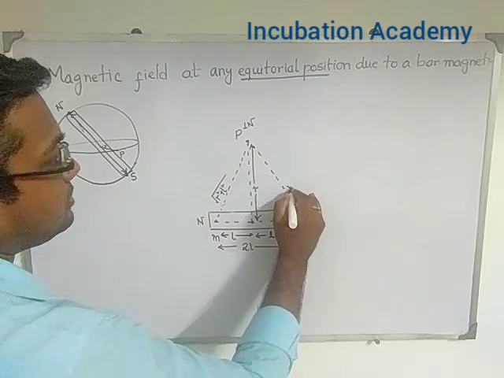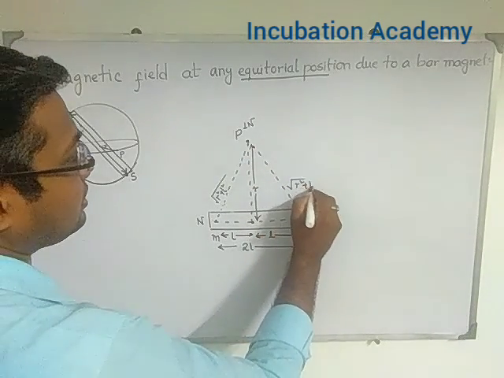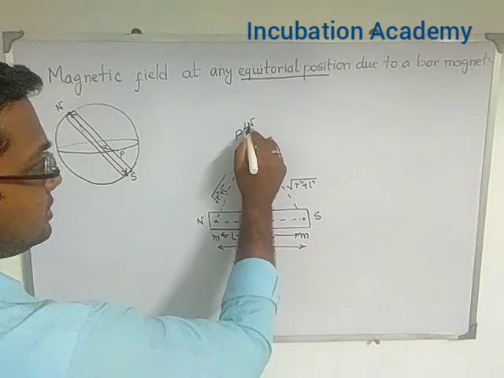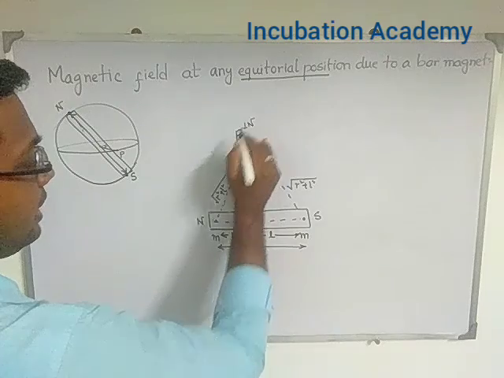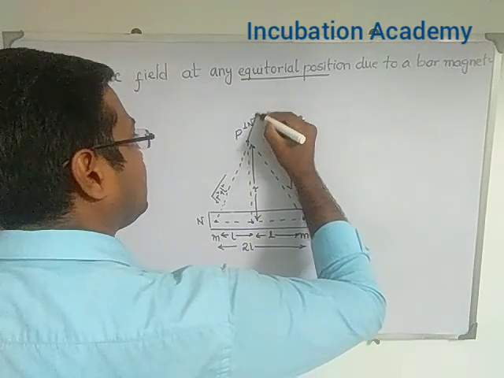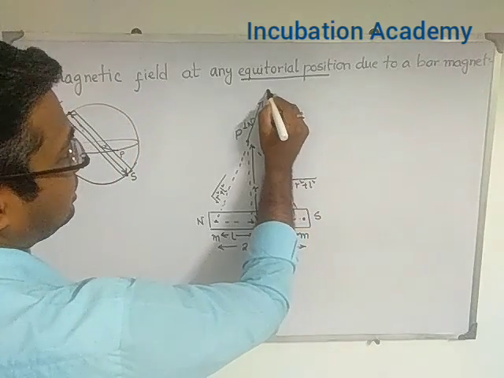It will also be of the same length, r square plus l square. Since it is a north pole of unit strength and it is a north pole of strength m, it will repel it along this direction.